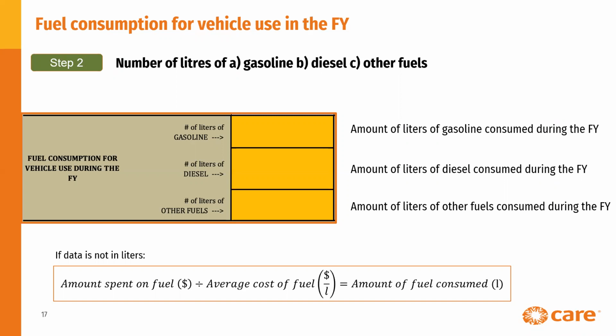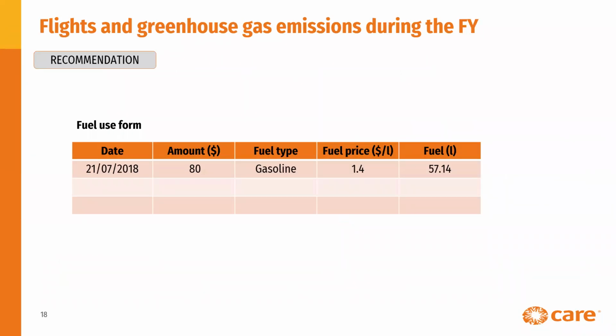Another recommendation here, of course, is to keep track of all fuel expenses on a regular basis, such as in a regularly updated vehicle usage form. This would also allow you to input the actual fuel price when the fuel was purchased instead of using an annual average, and this would allow, of course, to be a bit more precise.